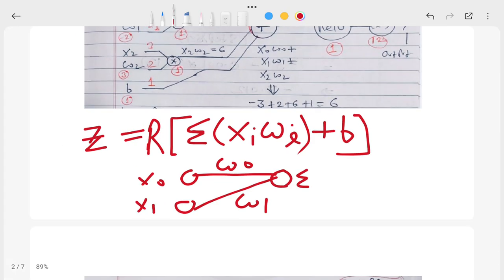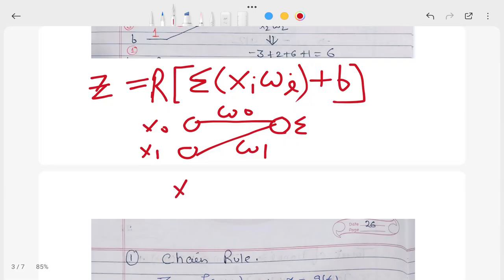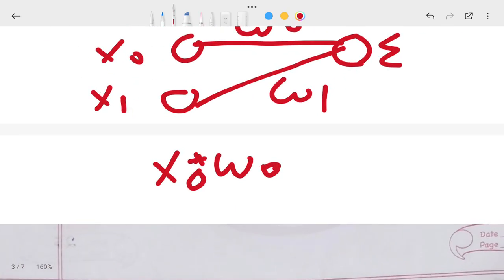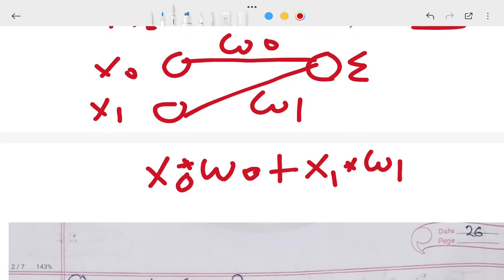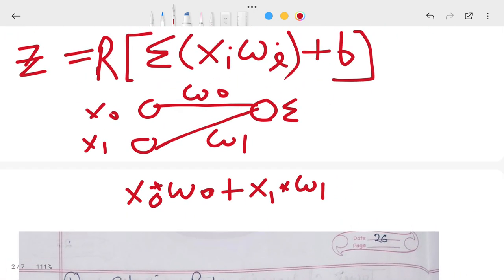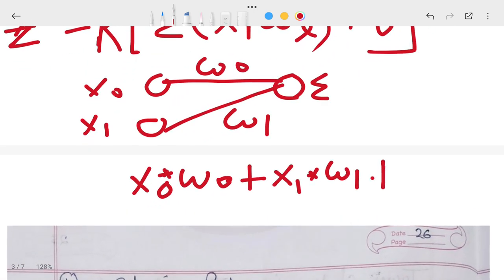I will sum: I multiply x0 and w0, then plus x1 into w1. Suppose there are many, so I write it as summation of xi wi. Then I use one bias, because there is only one bias. So I got one output.